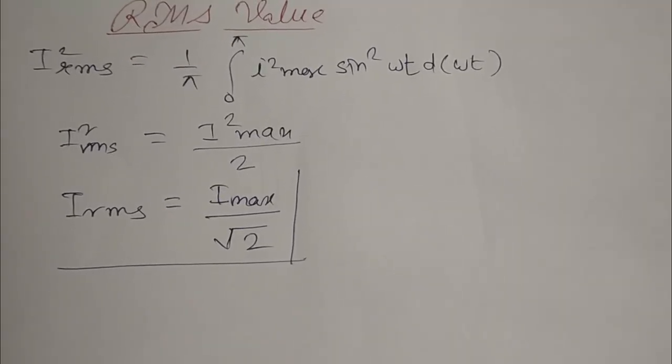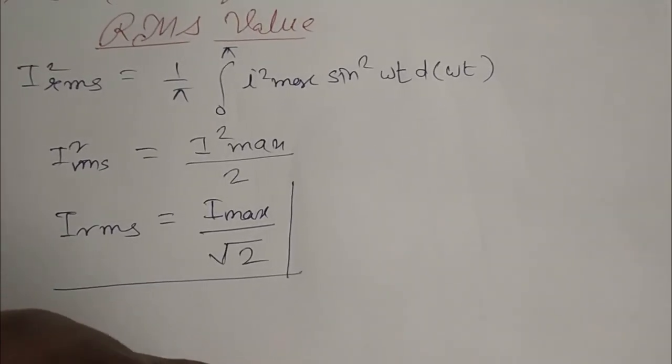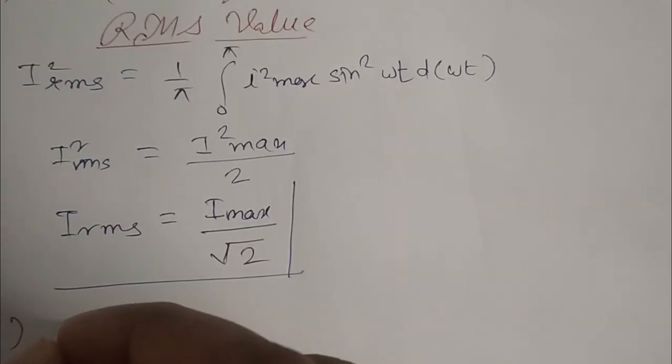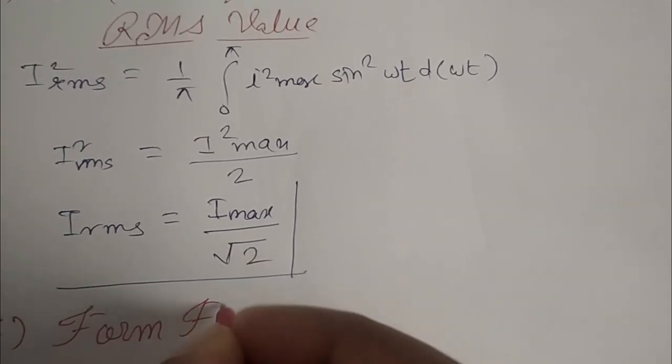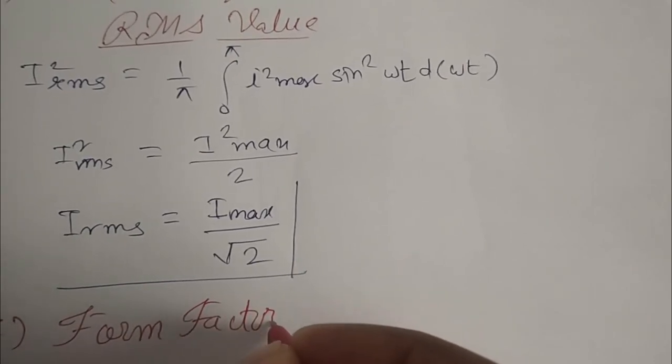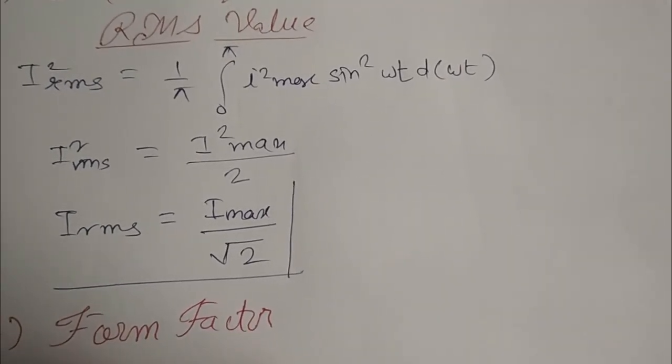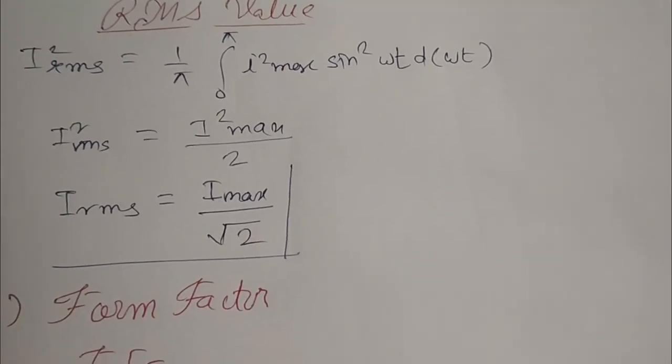Form factor is defined by RMS value by average value of current. So let's see what is there in this. So we have to see form factor. In a few books it will be given as FF or KF.